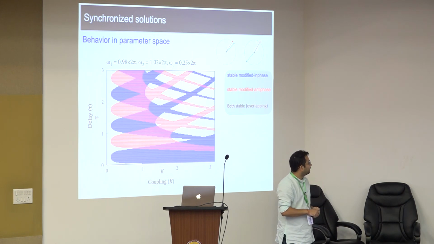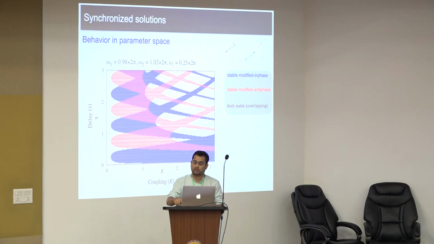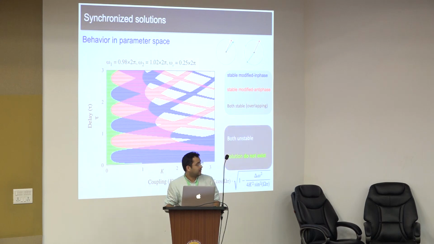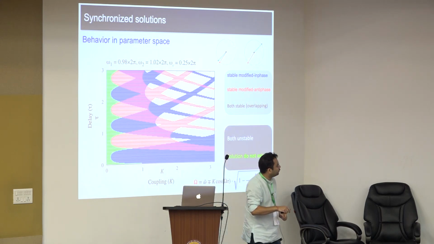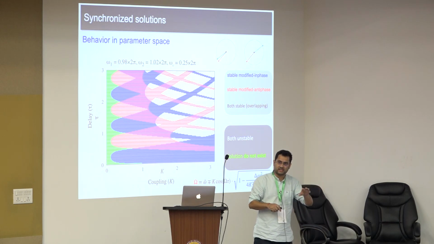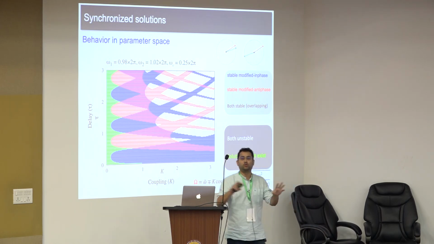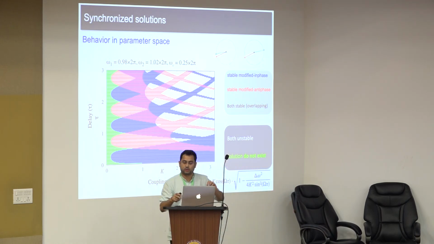Of course, the overlapping region is where both such solutions coexist. There are also white regions where the solutions exist, but they are unstable. And then there are these green regions where solutions do not exist.